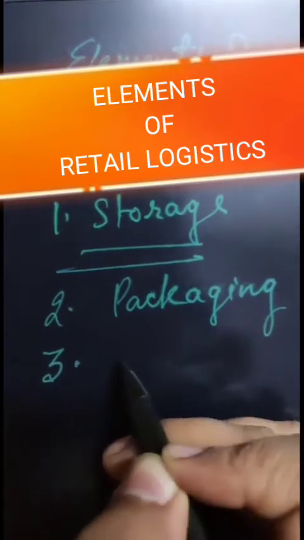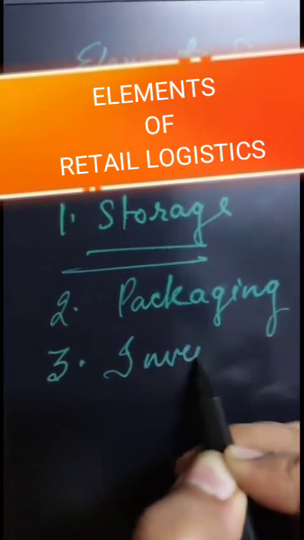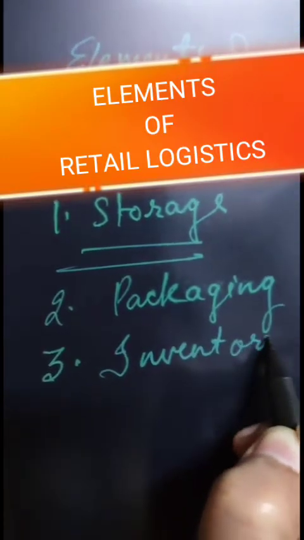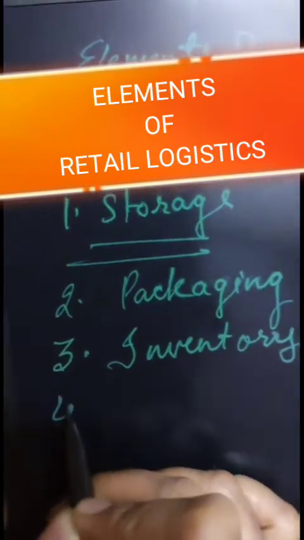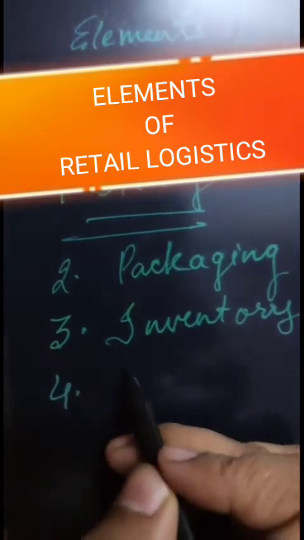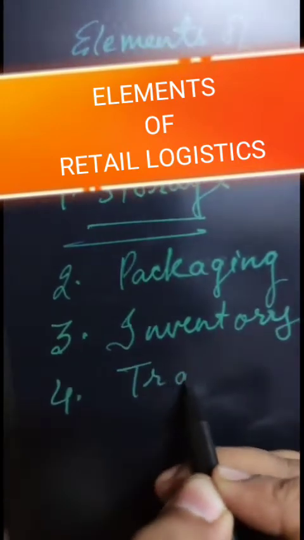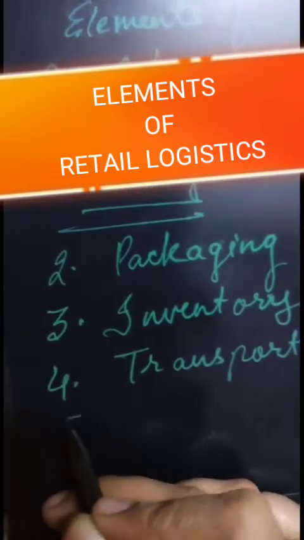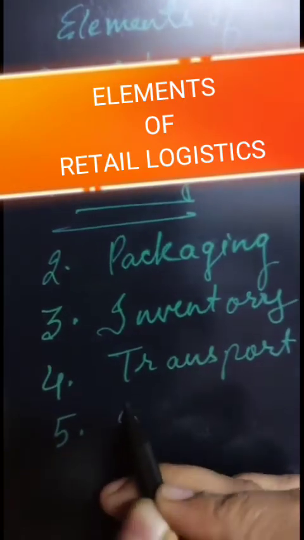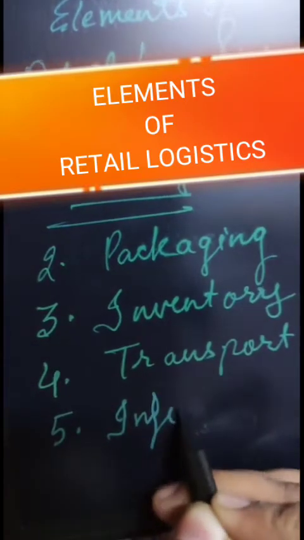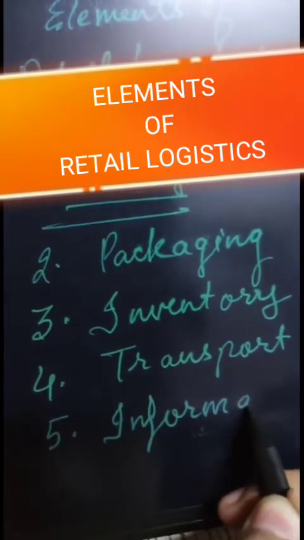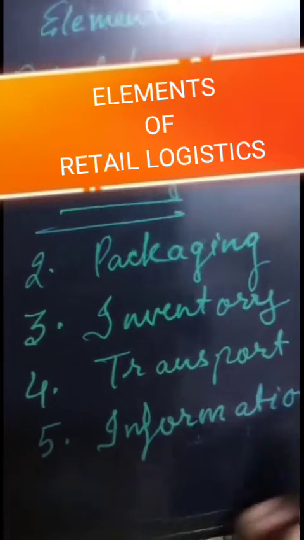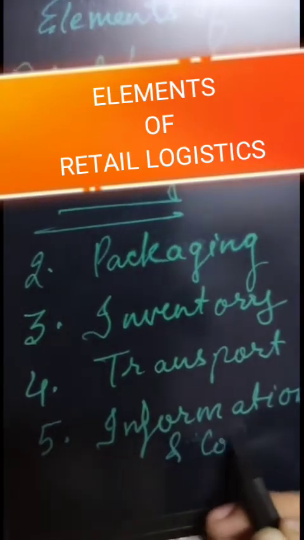Third one, inventory. Fourth one is transport. And fifth one is information and control.